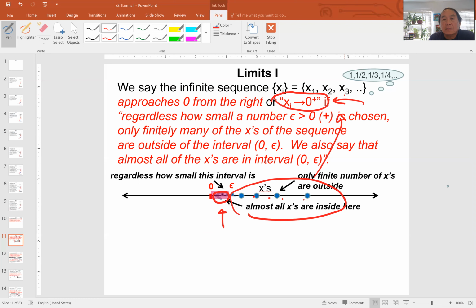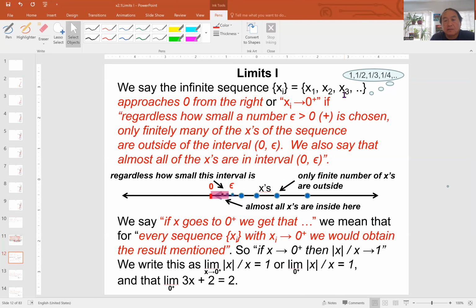Then we say as x goes to 0 from the right-hand side. Now notice there's no index i anymore. As x goes to 0 from the right-hand side means that for every conceivable sequence going to 0 from the right, the following happens.